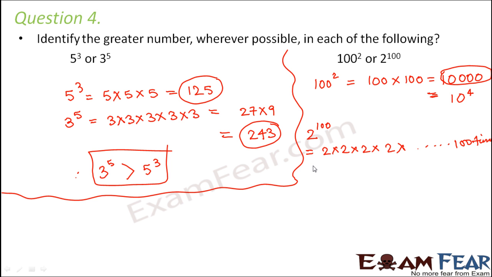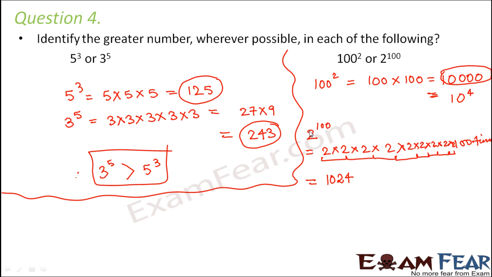So if you multiply 2 for 10 times, what is the value that you get? 2 2s are 4, 4 2s are 8, 8 2s are 16. Then 16 2s are 32, 32 into 2 is 64, 64 into 2 is 128, 128 into 2 is 256, 256 into 2 is 512. In this way, we find that 2 multiplied for 10 times gives us 1024.